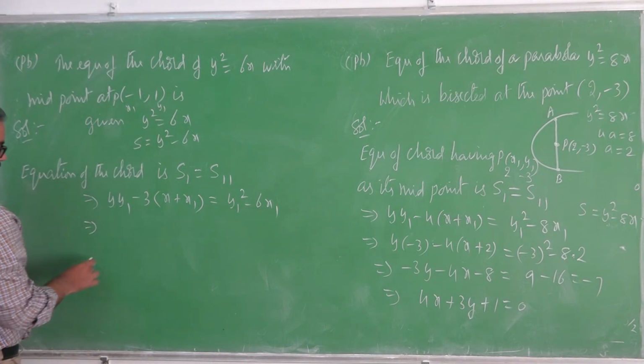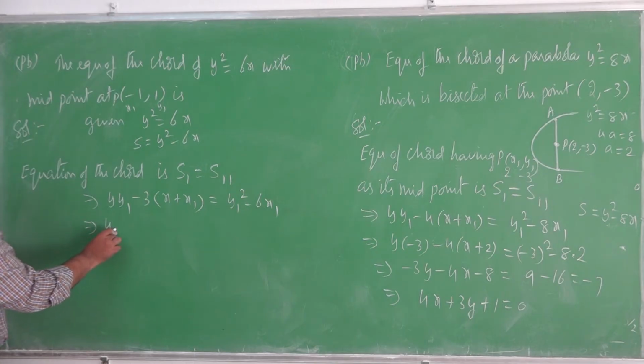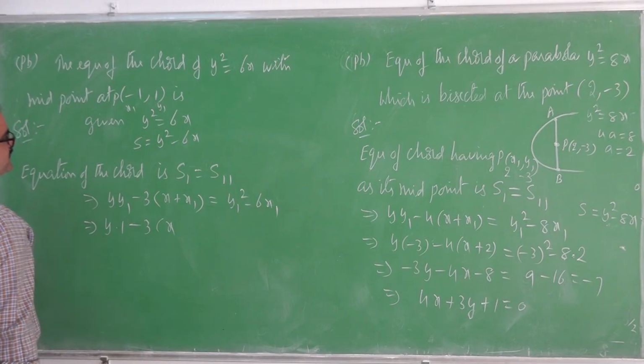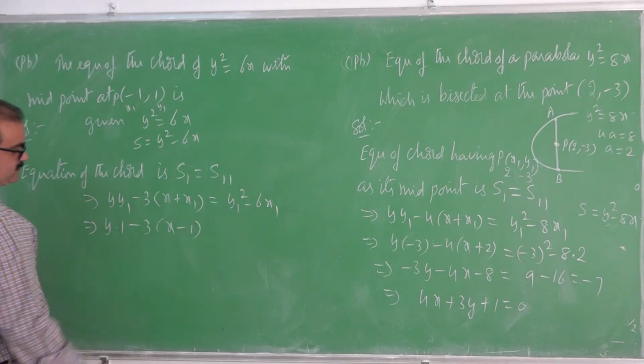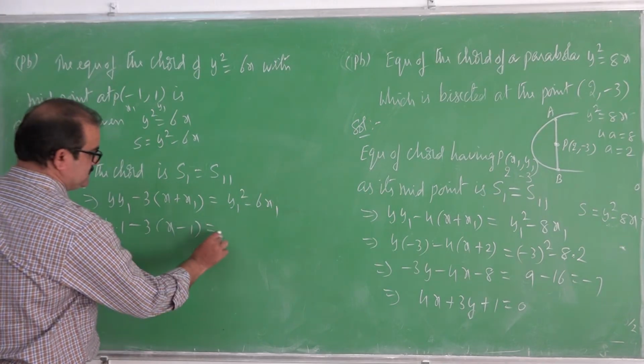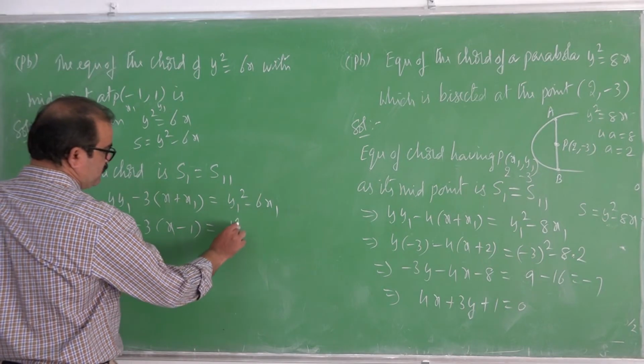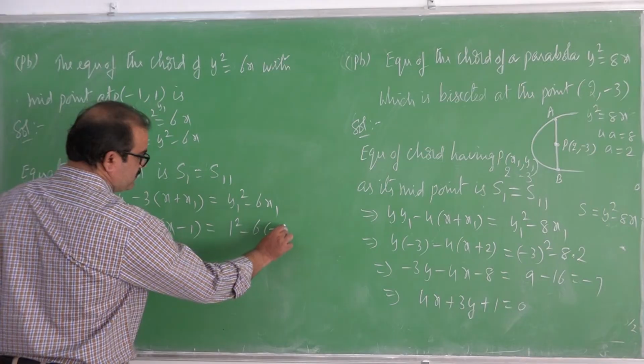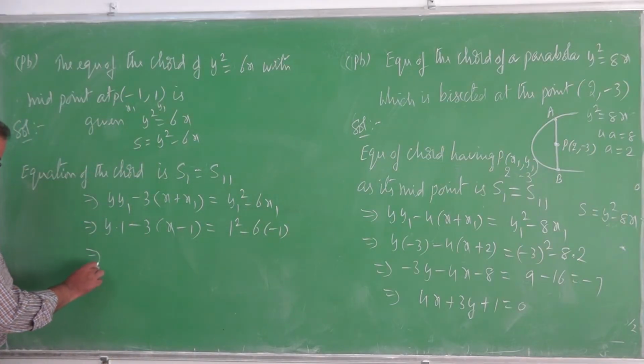Substitute these values. Y into y1, 1, minus 3 into x plus x1, minus 1, is equal to y1 square, 1 square, minus 6 into x1, that is minus 1.